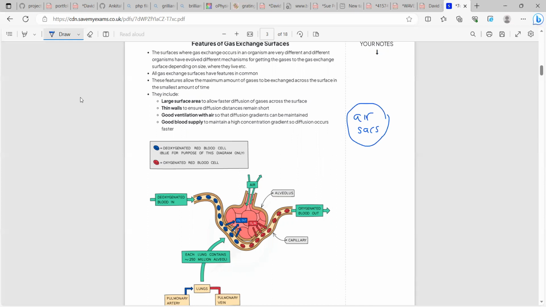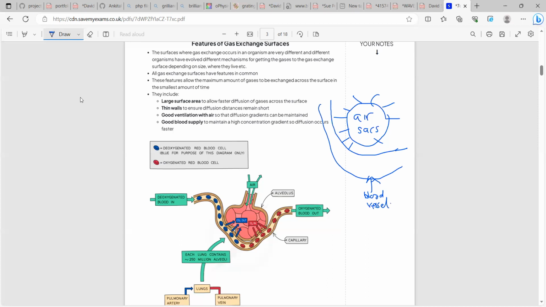So we have numerous air sacs inside our lungs. And these air sacs have a dense network of blood vessels. So there's like a blood vessel. And then this is where our gaseous exchange takes place.